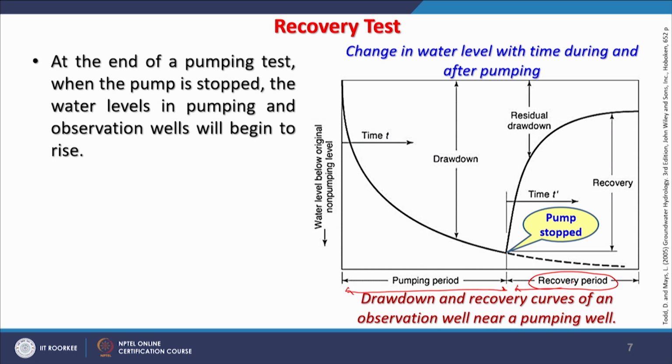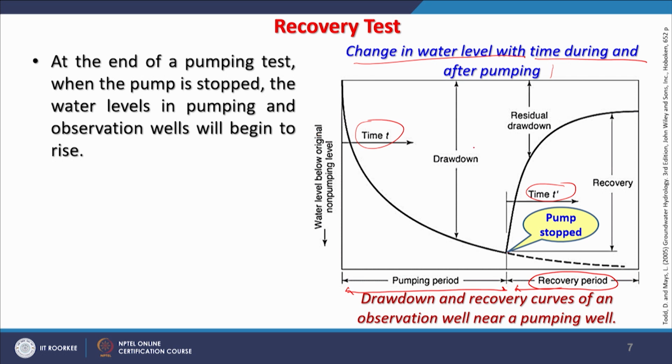So, the second part of the x axis is the recovery period, and in the recovery period there will be a change in the water level with time after the pumping has stopped. Now, the time that is elapsing we will denote as t dash, and this is the time, small t, in this.